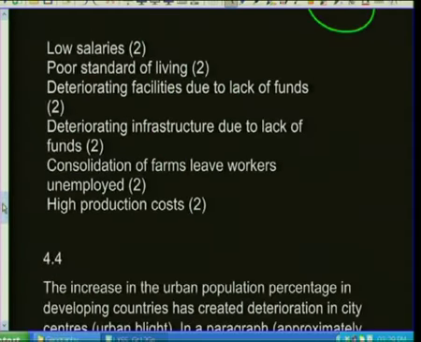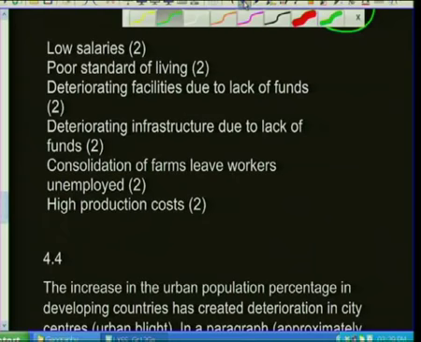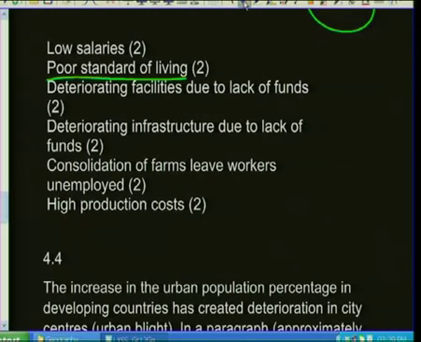Things like low salaries, a poor standard of living, deteriorating facilities and infrastructure. Infrastructure refers to things like roads, rail, communication lines, transport, and so on.